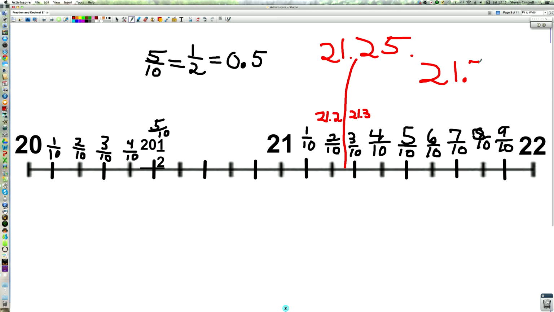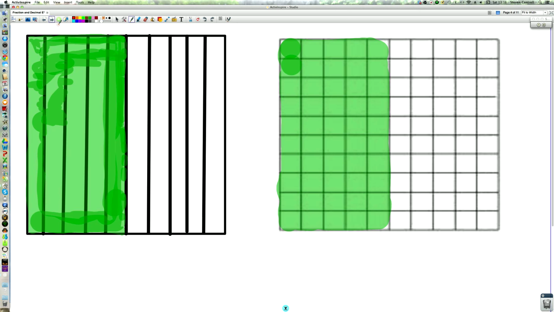What comes next? 75. 21.75 would be the next thing. So that would be right about here, right in the middle between 21 and 7/10 and 8/10. 0.75, right? Okay, so hopefully that helps you a little bit. We're going to talk about them a little bit more. I'm going to move on and try to figure some more of this out.